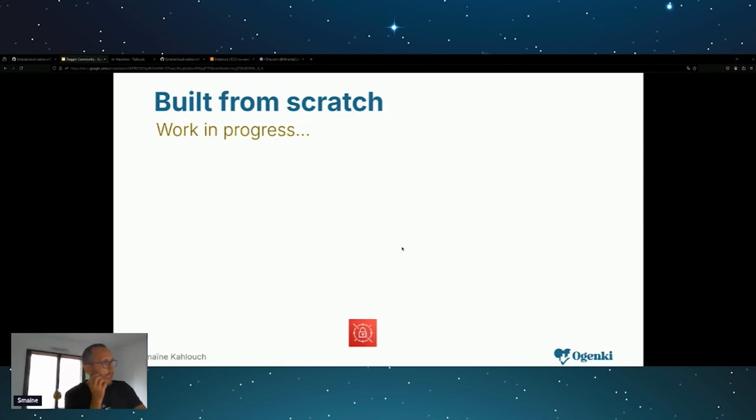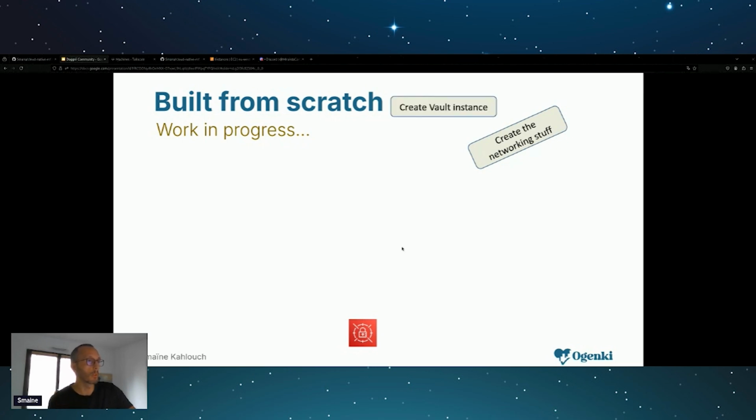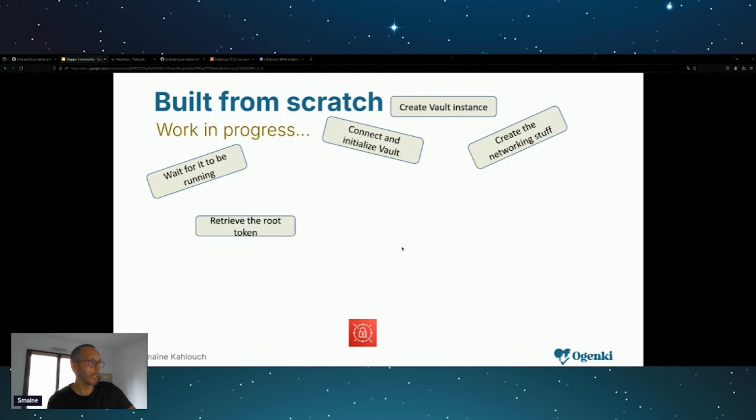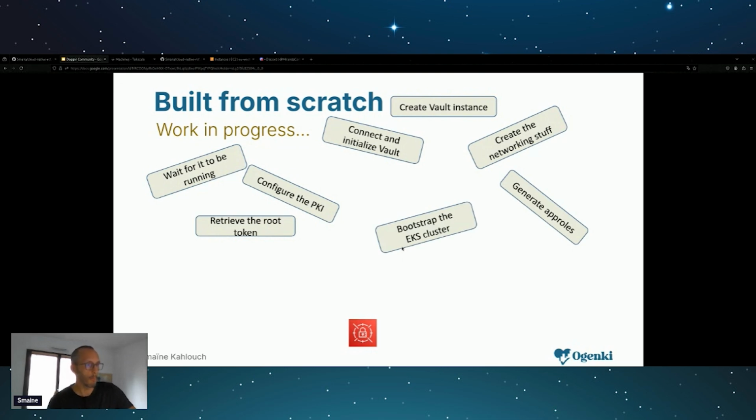So currently, if I roll back a few steps, what I did before Dagger is I had to create the network manually, run a Terraform command, create the Vault instance, initialize the Vault instance, wait for it to be running, retrieve the token, configure the PKI, because Vault is used as a private key infrastructure, generate all the configuration for Vault, and finally bootstrap the cluster and everything under the cluster.